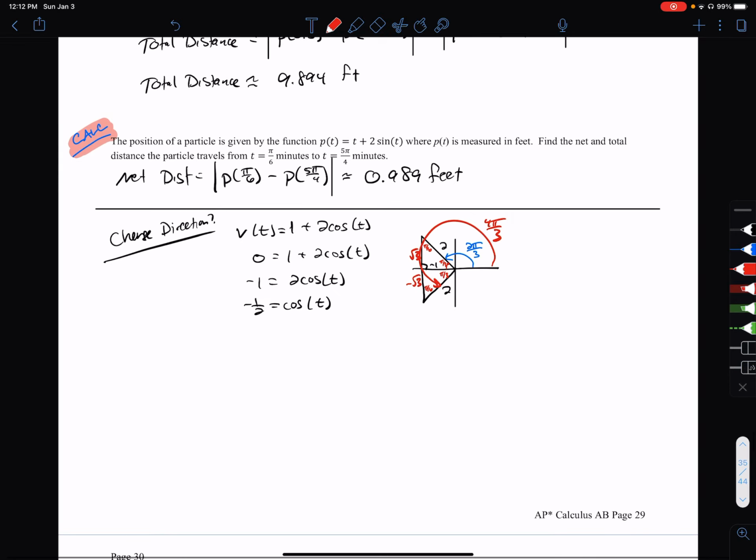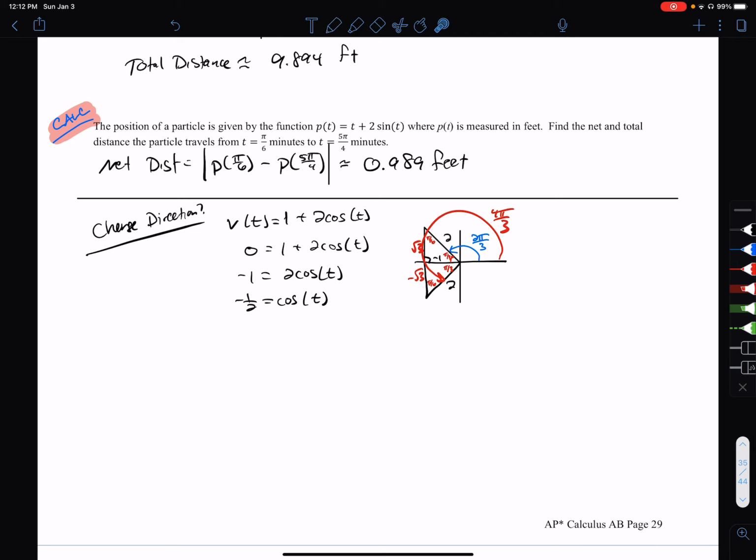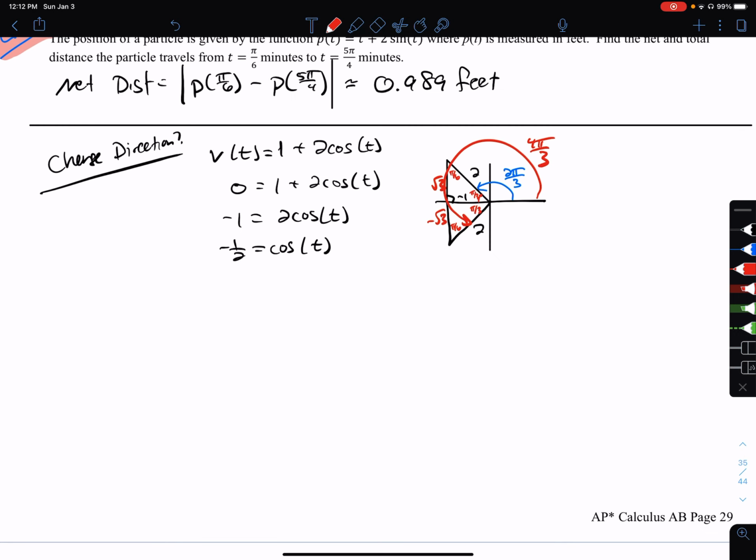Now, do either of those fall in the interval? Pi over 6, yes. 5 pi over 4, no. So from this, I'm saying t is 2 pi over 3, and t is 4 pi over 3. However, 4 pi over 3 does not fit in the interval.